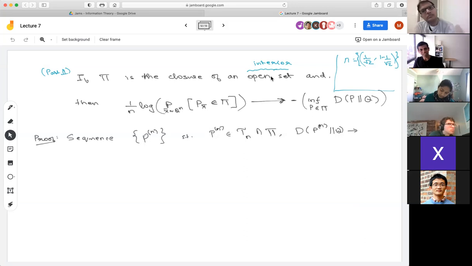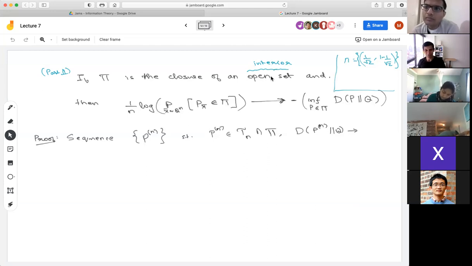But then just an open set is not enough, because we are trying to get to this infimum value, or get as close as we want. So we will need some form of closure. What we basically say is that it's the closure of an open set, or a closed set which has an interior, so it's the closure of its interior.